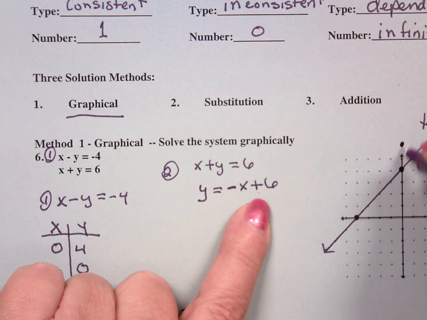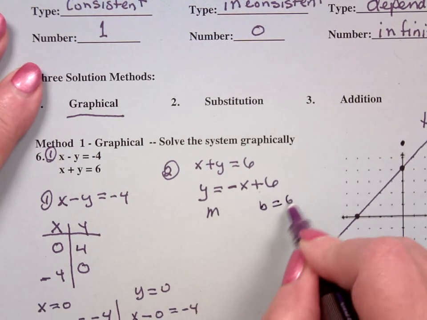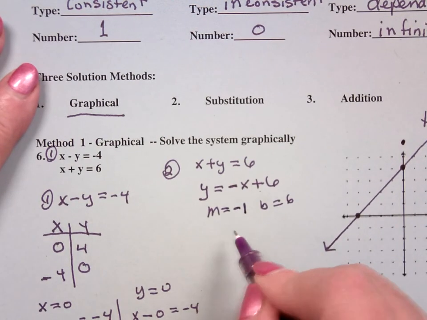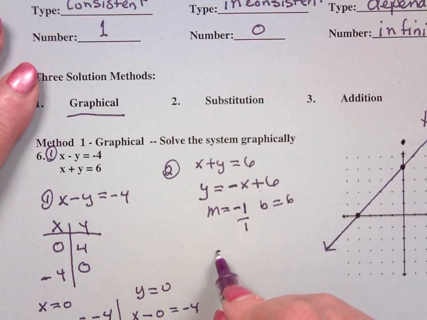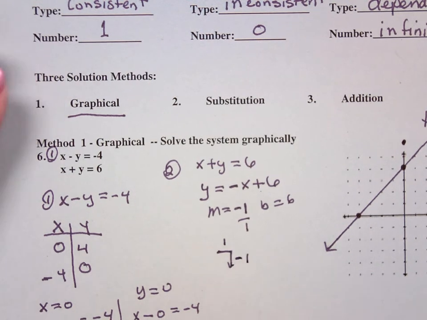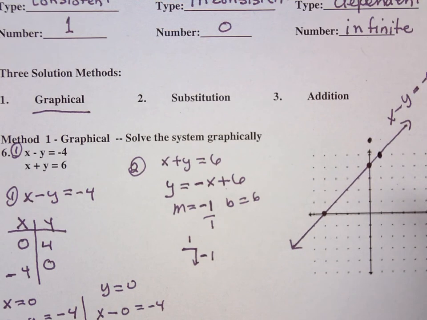Then I go down 1, because here b is 6, and the slope is negative 1. That means that it's rise over run. So I'm going to run 1 and rise negative 1. So I'm going to go over 1, down 1, and let's hope that's what the solution is.